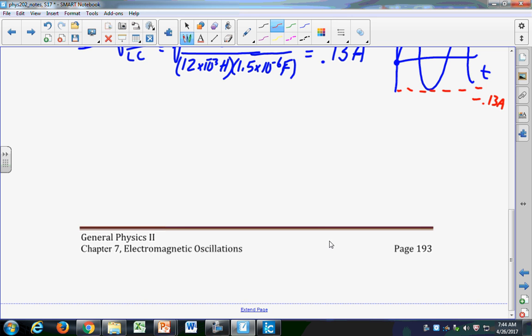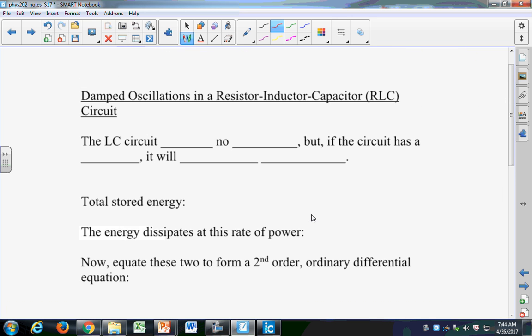Okay, let's look at damped oscillations. We've been looking at these. We saw that in an RL circuit, my current with respect to time, or my voltage with respect to time, looked like this. It decayed over time, very much like it did with the RC circuit.